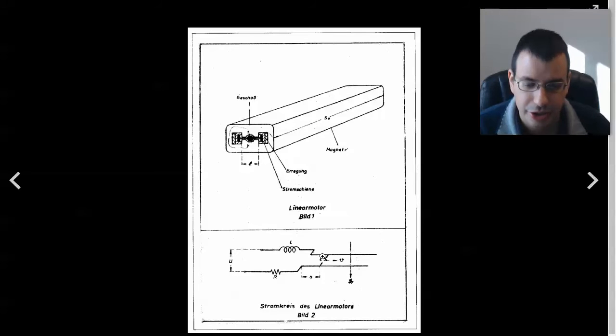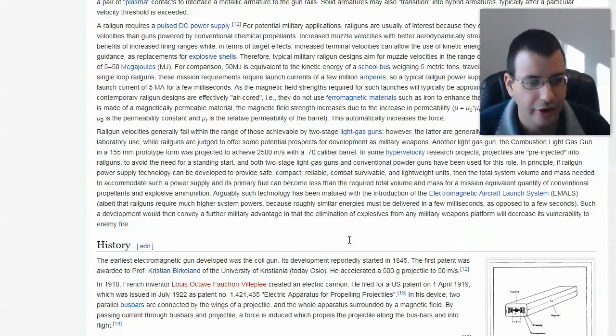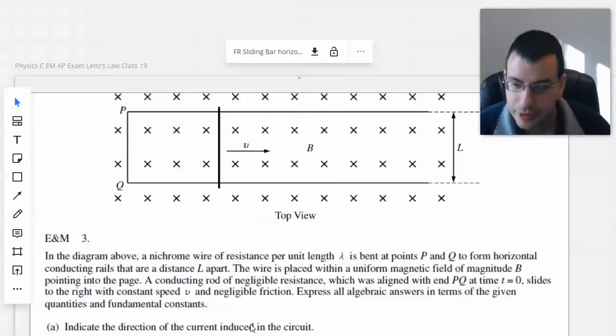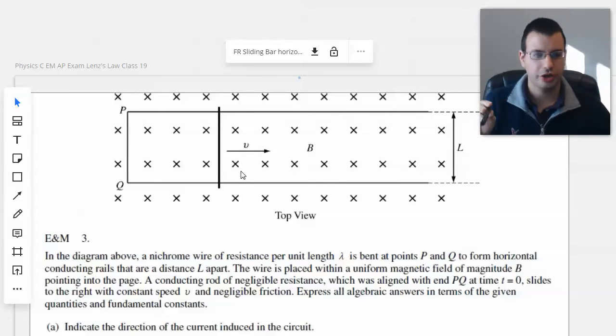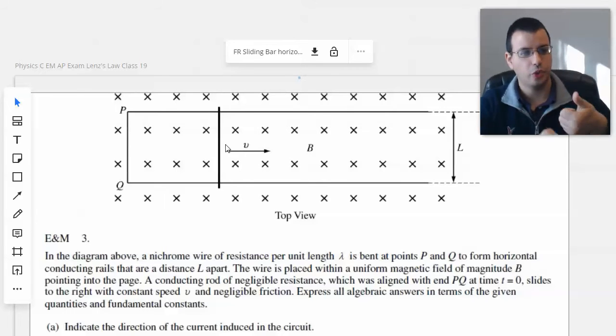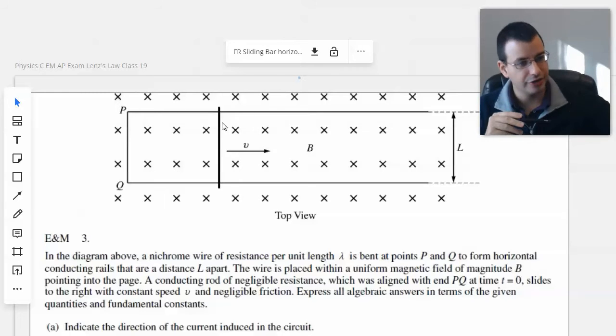Yep, so right here you've got your two parallel wires, your sliding bar, and the velocity. And the idea with a railgun is you have a current, and that current forces the wires to pull apart. If these are stationary and this one is not, that shoots it off in that direction.